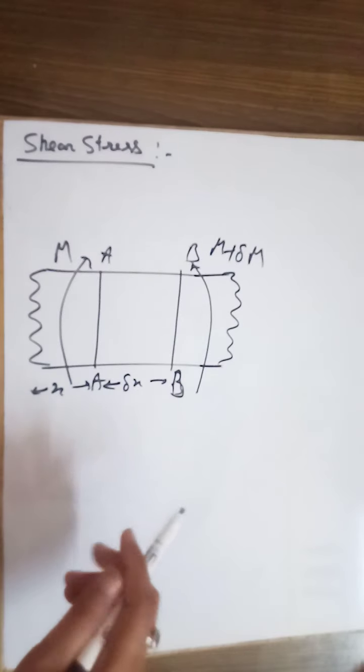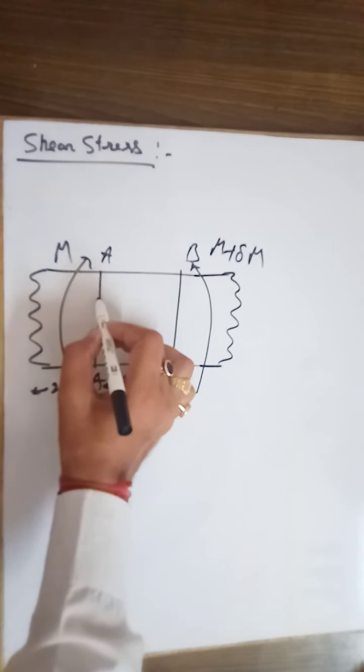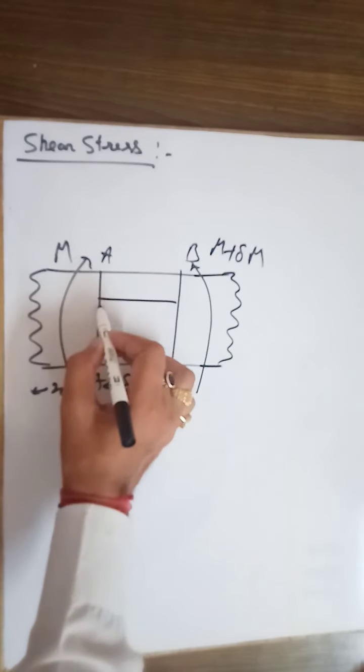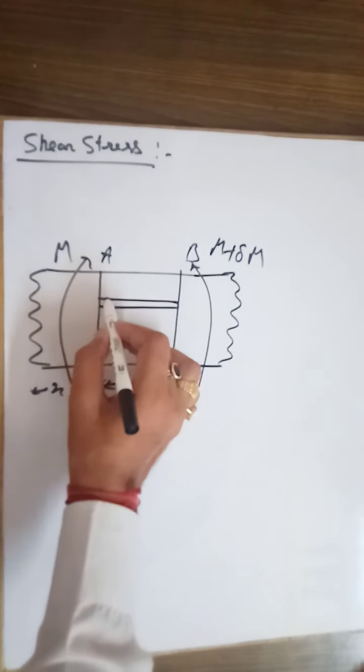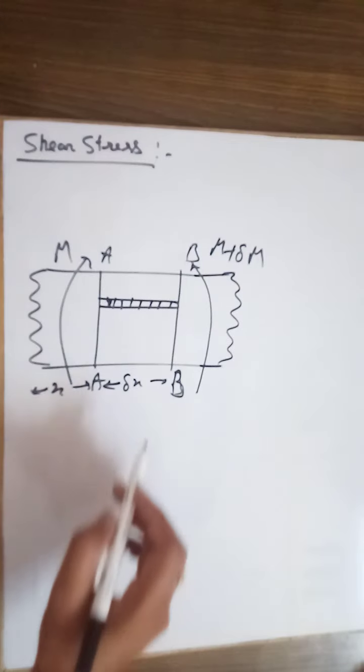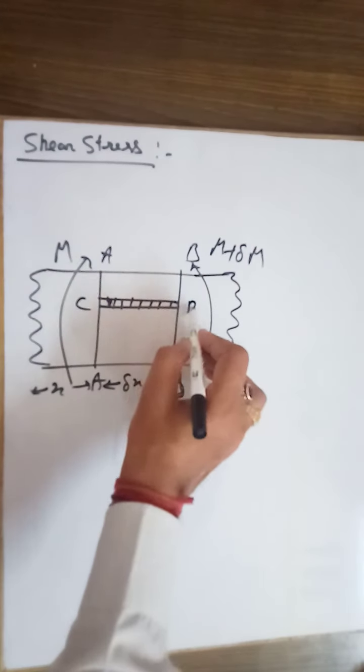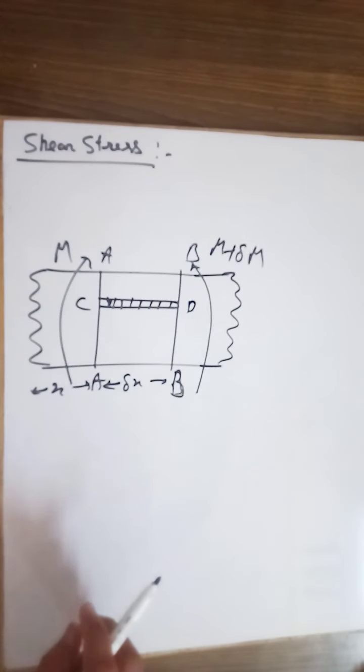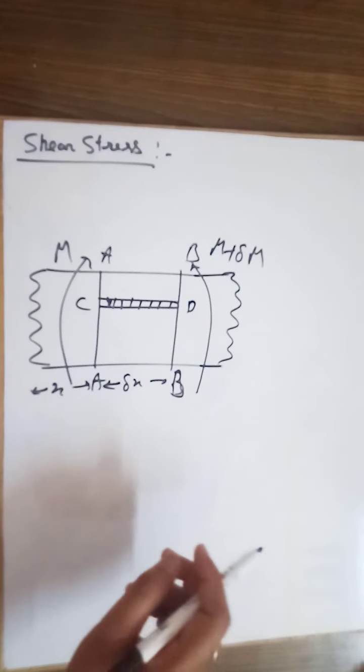Let's see, this is a beam, and we will consider a fiber here. Let's say it's CD. So CD is an elemental fiber.